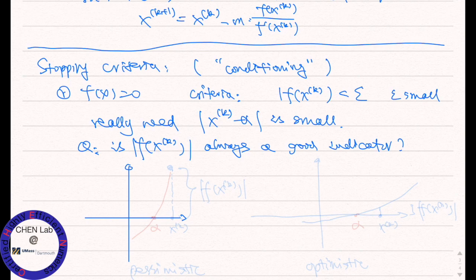One is that I'm going to have an f which is very steep at the alpha. I can even make it steeper. The other is that I have an f that's very flat.